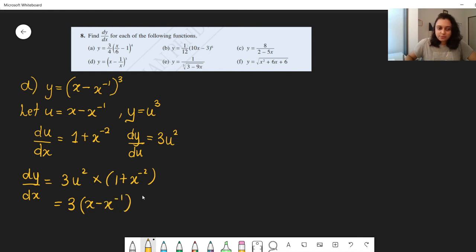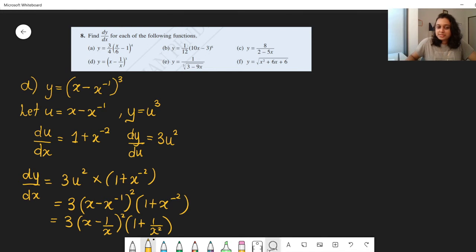I just attach the other factor behind it. I'm not going to expand it, it's not necessary. Now write this properly: bring the x back down to the denominator's place, so 1 plus 1 over x squared.